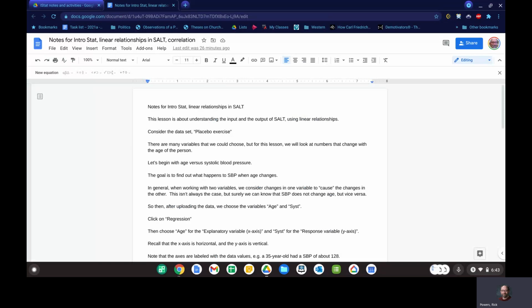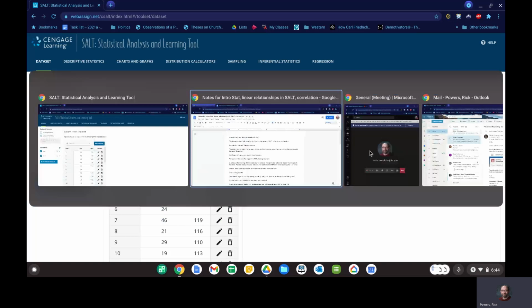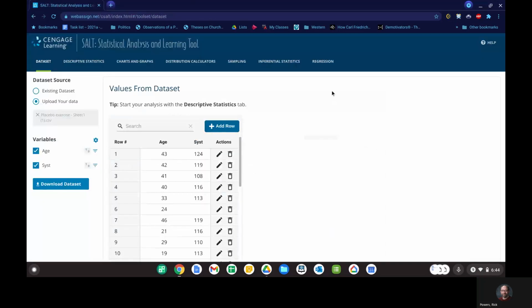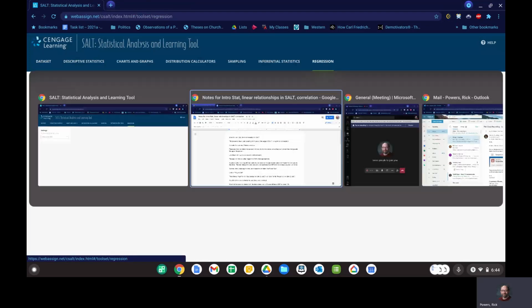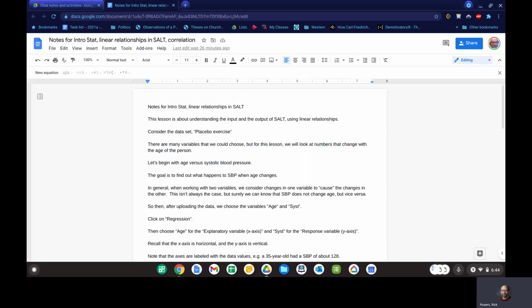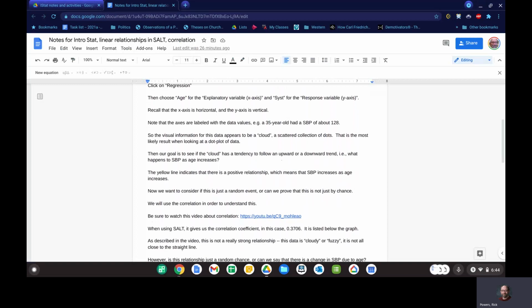So then after uploading the data, we choose the variables age and SYST. Click then on regression. Then choose age for the explanatory variable on the x-axis and SYST for the response variable on the y-axis.